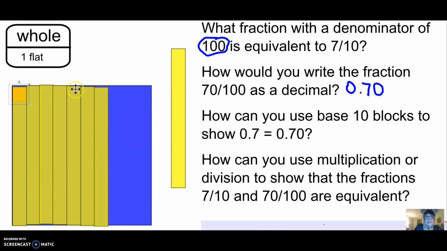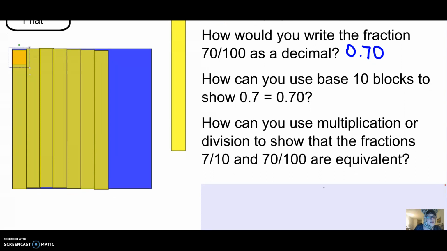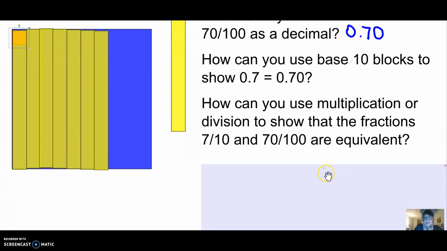Now, we're saying that these fractions are equivalent, 7/10 and 70/100ths, and we're showing it with the base 10 blocks, but do you remember how to show it with multiplication or division? So let's take the fraction 7/10, and let's use our multiplication rule to come up with an equivalent fraction.